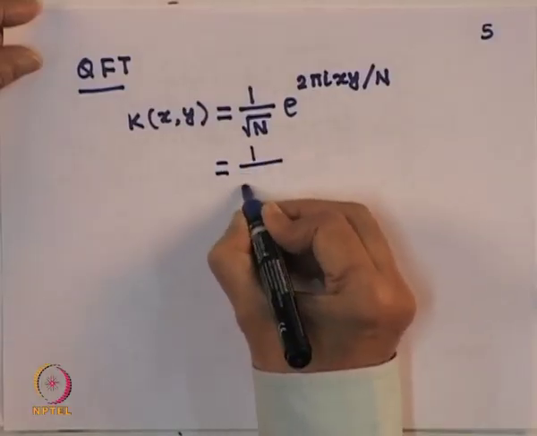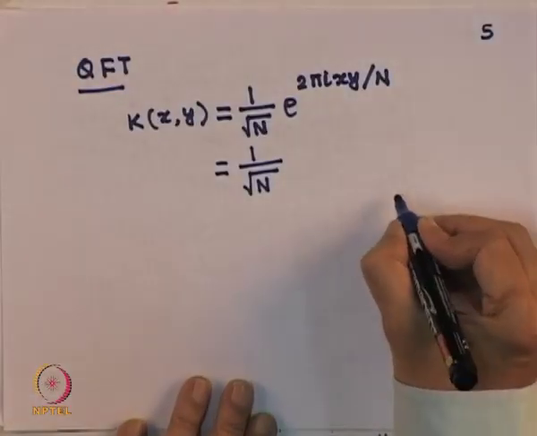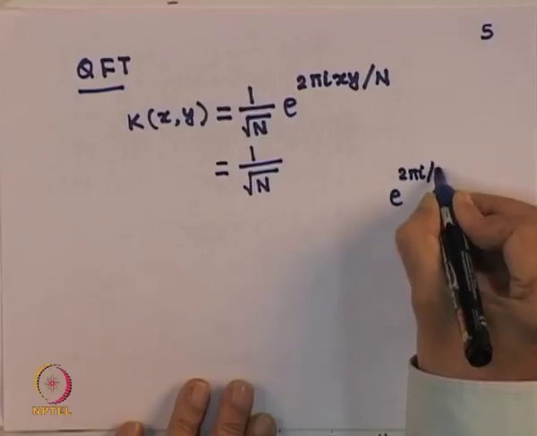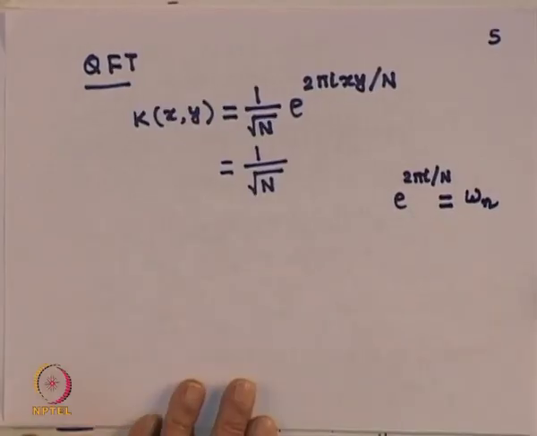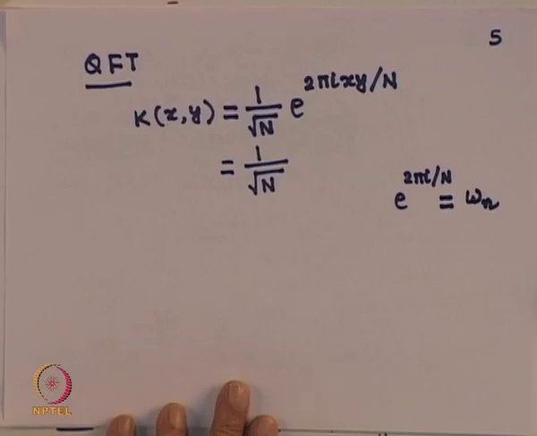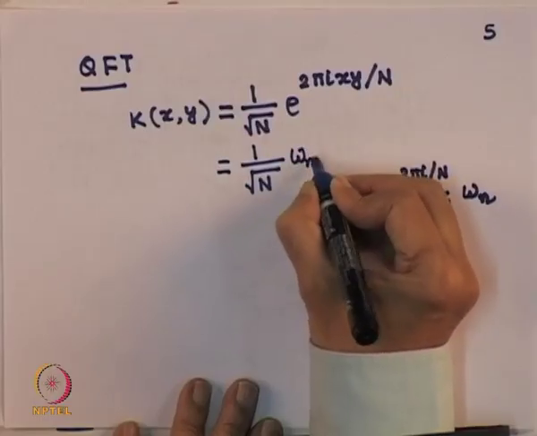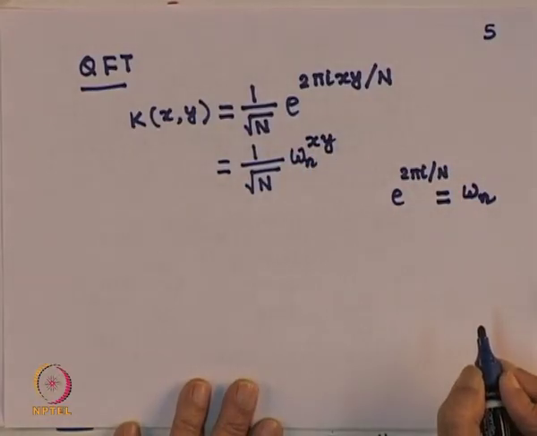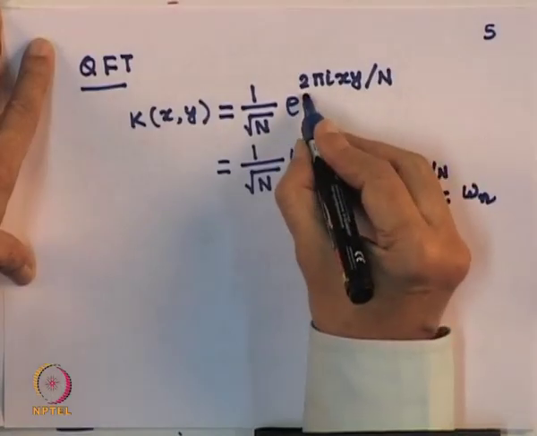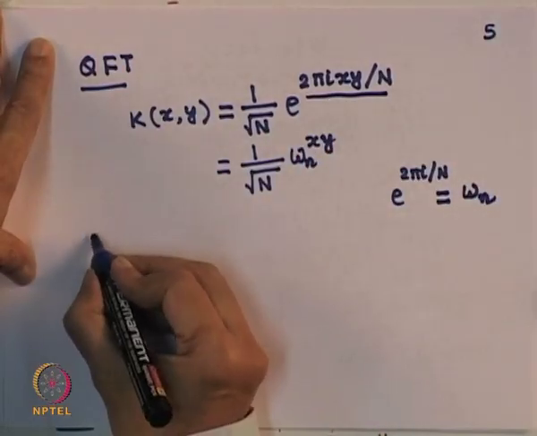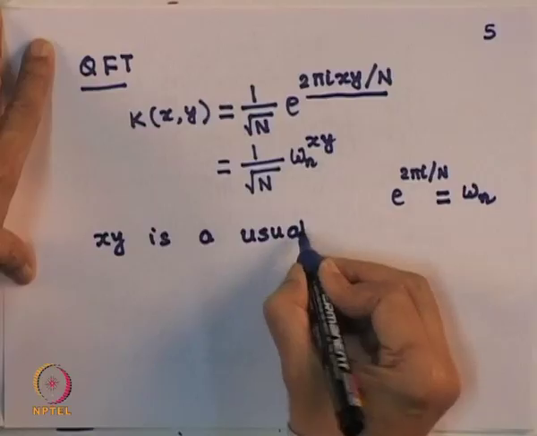You notice that e to the power 2 pi i by N is nothing but the Nth root of unity, and in usual complex variables we have been representing this as omega_N. So therefore this is 1 over square root of N times omega_N raised to the power xy. One thing I want to point out is that in this case the product xy is a normal product, the usual decimal product.